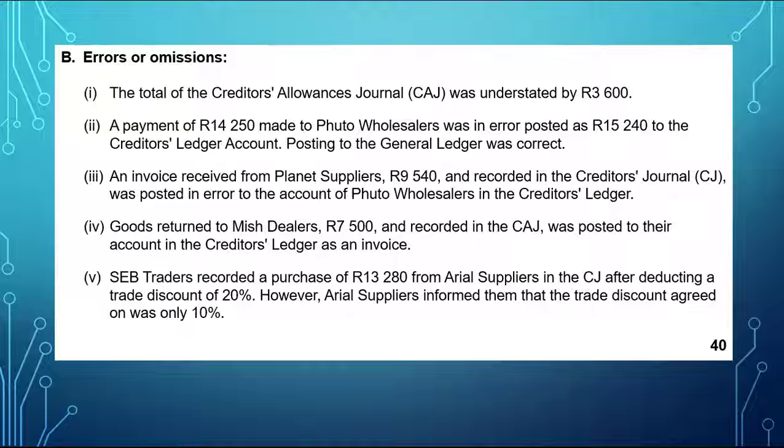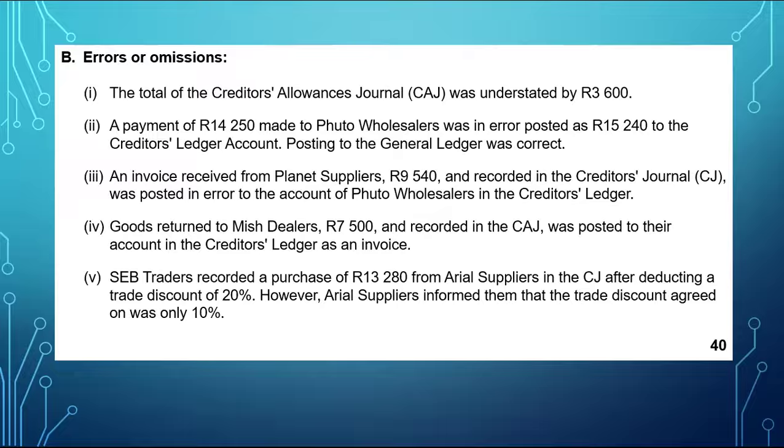I'm sure you learned this in grade 9. Actually, I'm lying here, it's recorded on the debit side of creditors control because it reduces what you owe your creditors. However, it was under reduced by 3,600. So we need to reduce it by a further 3,600.